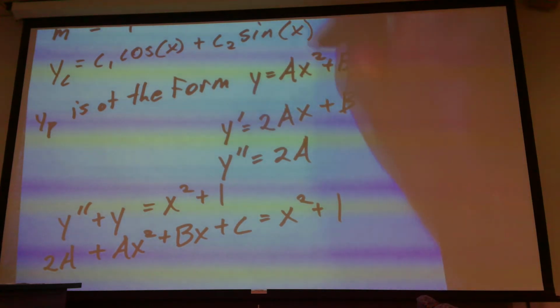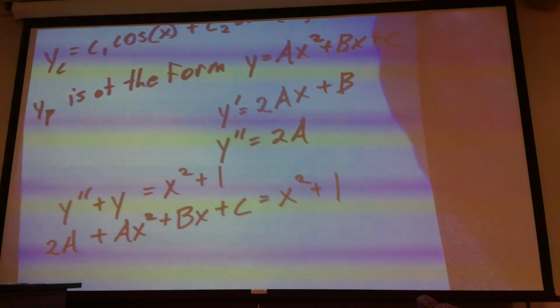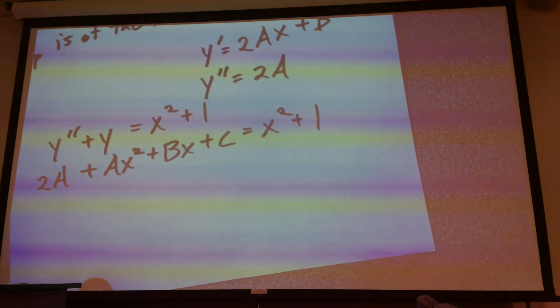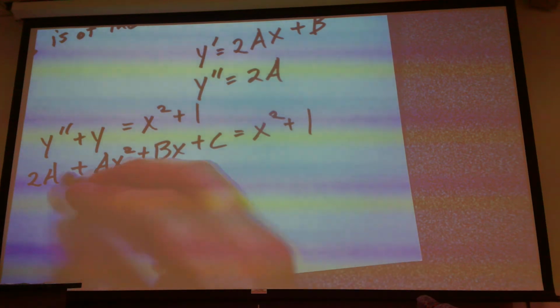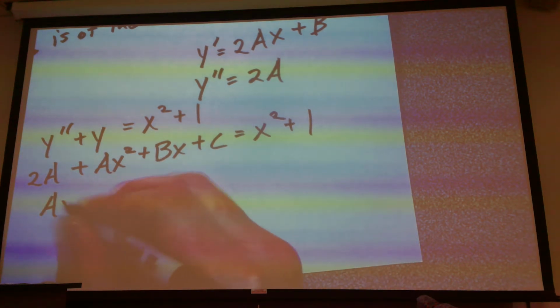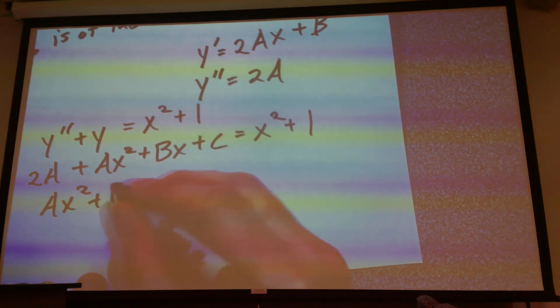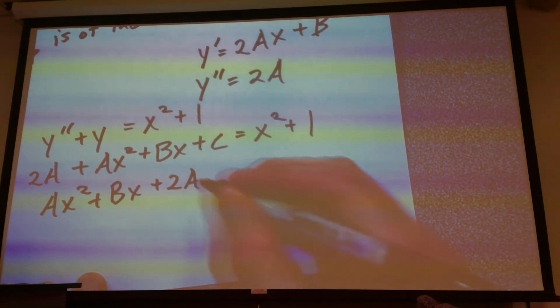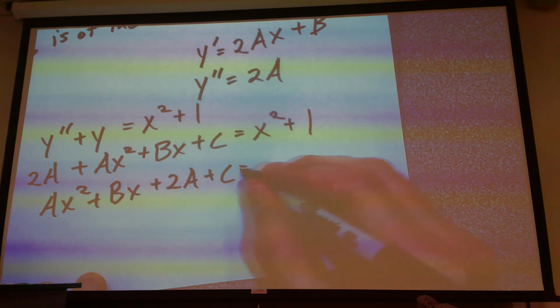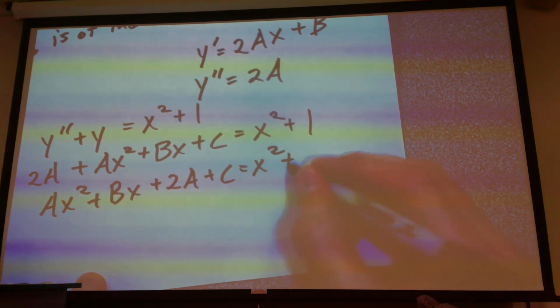Okay. All right, so if I group everybody together, I'm going to write it like this: ax squared plus bx plus 2a plus c equals x squared plus 1.